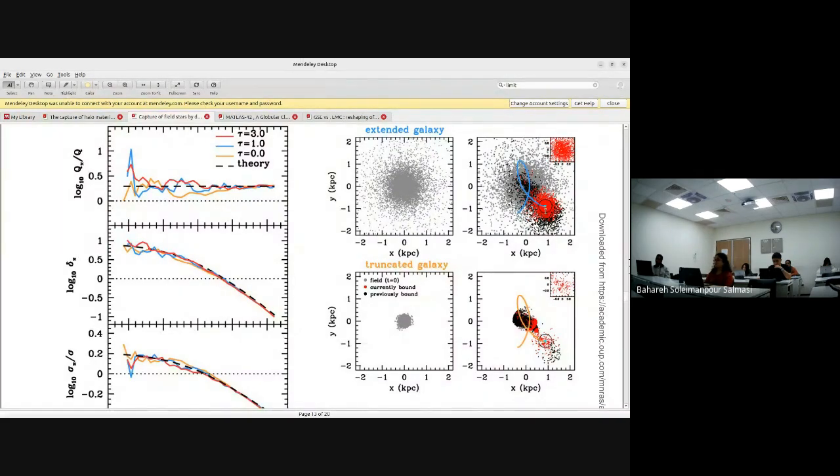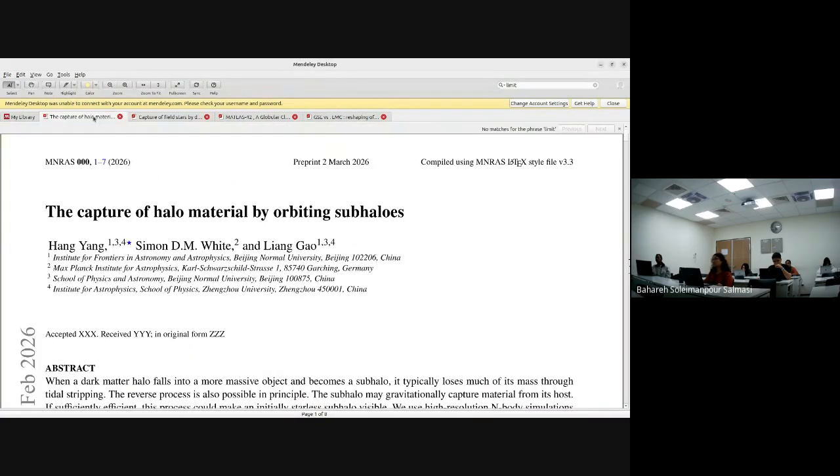But eventually the stars they capture, like the red points, are possibly around 10 to the 7 solar mass. So you would think that maybe it is possible in an observable range. But in this paper, they do a more realistic N-body simulation to check if it is possible to observe.